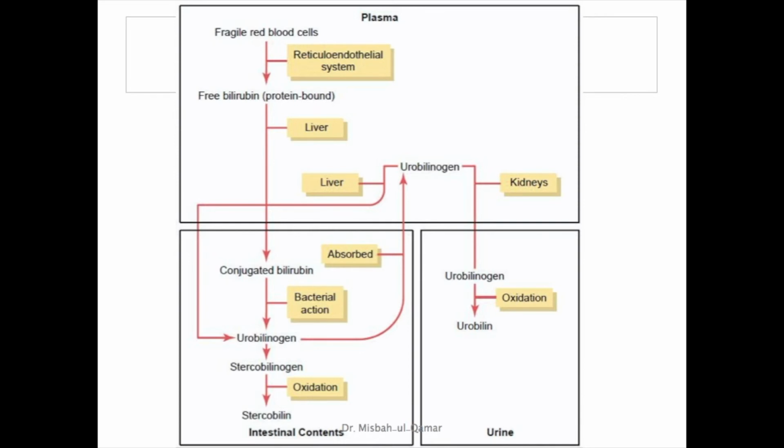And the hepatocytes help in the conjugation to form the bilirubin glucuronide when bilirubin binds with the glucuronic acid.